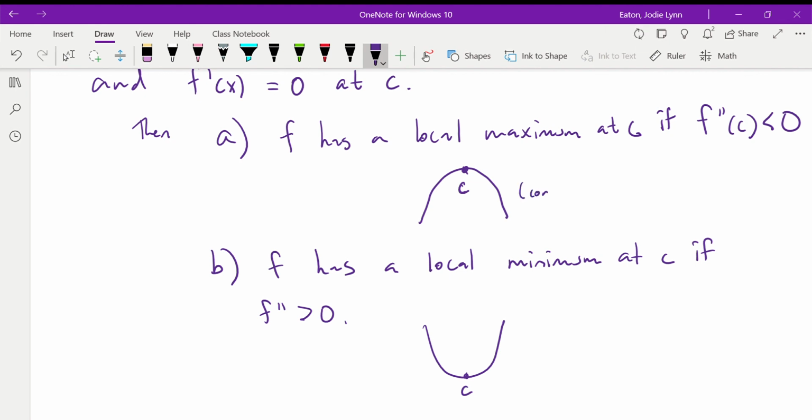So this is concave down for a maximum and concave up for a minimum. Sometimes it gets a little confusing because a negative second derivative gives you a maximum and a positive second derivative gives you a minimum. So I really advise you to think about what it means in terms of the concavity, because that's what's going to help you really determine whether you have a local maximum or a local minimum.